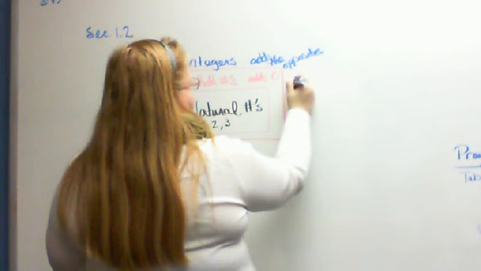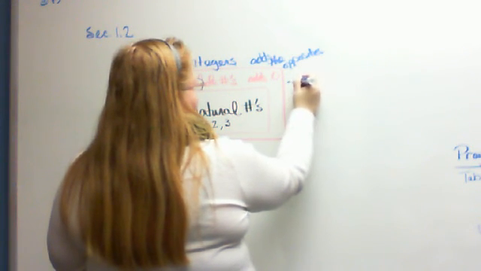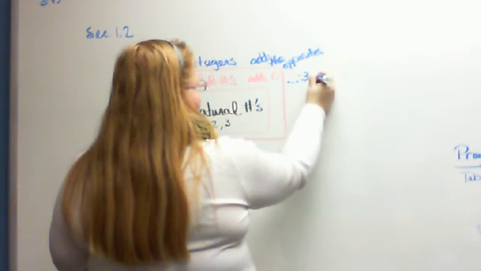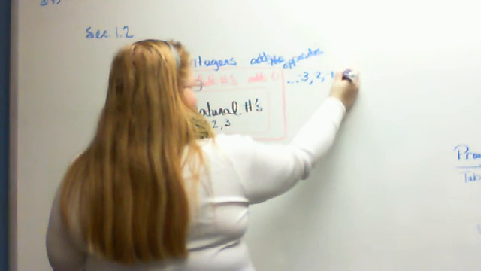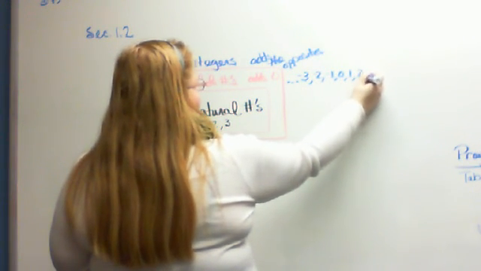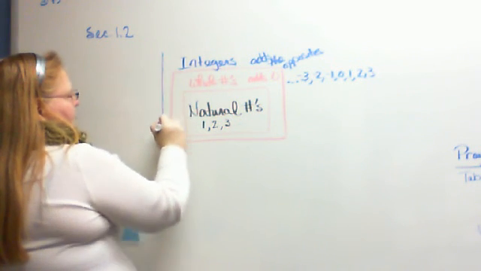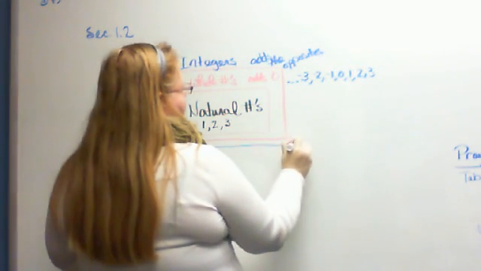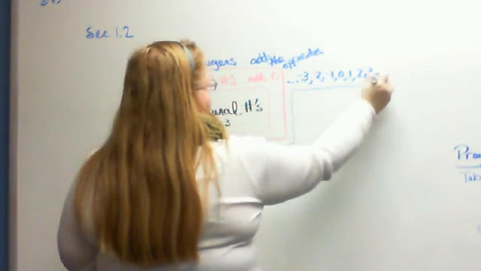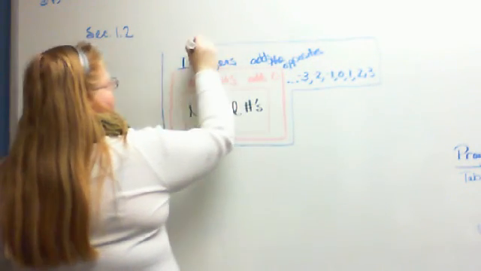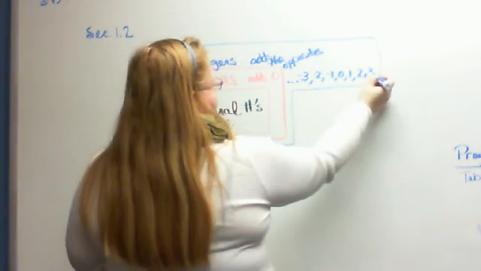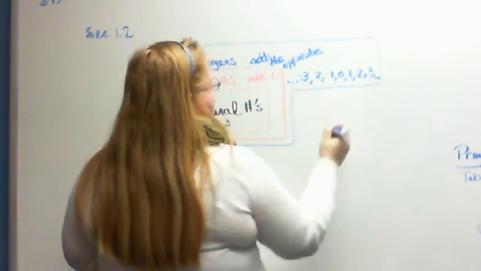So you end up with -3, -2, -1, 0, 1, 2, and 3. All of those. So integers are everything that whole numbers are, everything that natural numbers are, plus more. All their opposites.